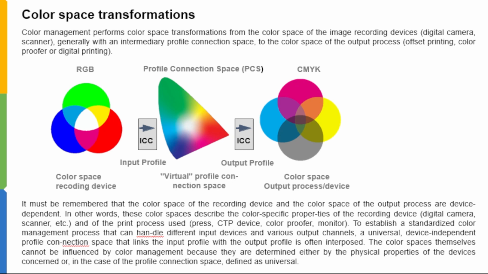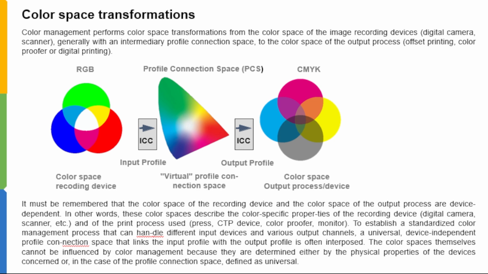Now the color space transformation. Color management performs color space transformation from the color space of the image recording device, such as a digital camera or scanner, generally with an intermediary profile connection space, to the color space of the output process, offset printing, color proofing or digital printing.